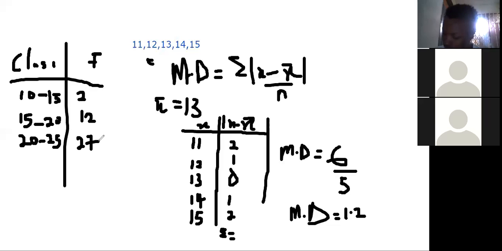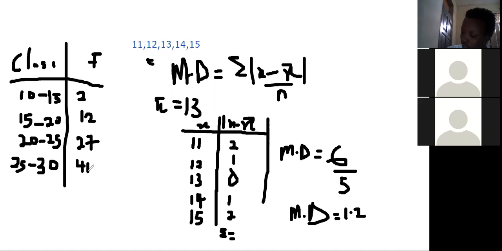Then we have 25 to 30, and that one is 41.